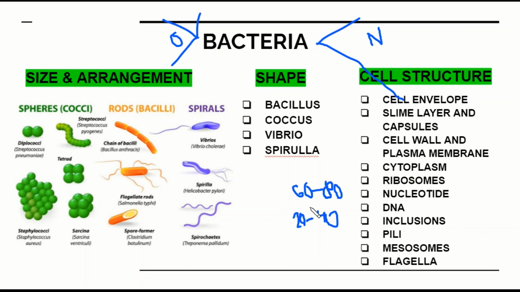Another is psychrophiles, which can survive below 20 degrees Celsius, while the last one is called psychrotrophs, which can grow at 0 to 4 degrees Celsius. It is very easy to remember as these are in chronological order.